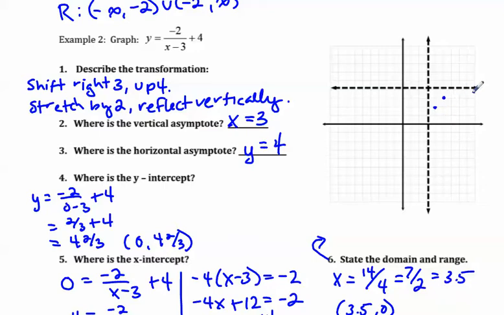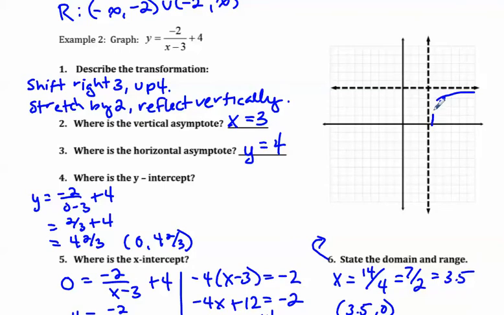Remember, your branches still are going to go closer and closer to your asymptotes. As I approach my x-axis, I'm remembering I know what my x-intercept is. I got 3.5, so let me graph 3.5 and then make sure that my branch goes through 3.5. It didn't quite work out for me. I'll try that again. So here's 3.5.